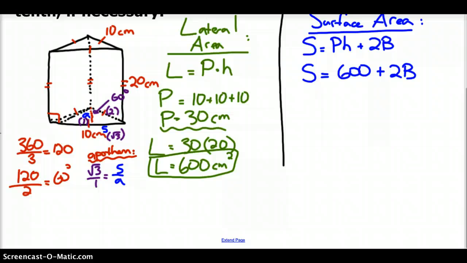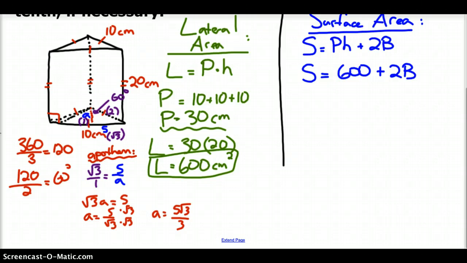I'll go back to red here, and say that radical 3 times my apothem is going to give me 5. So my apothem is equal to 5 over radical 3, and I'll multiply both the top and the bottom by rad 3 to rationalize. So my apothem is going to be equal to 5 radical 3 over 3.